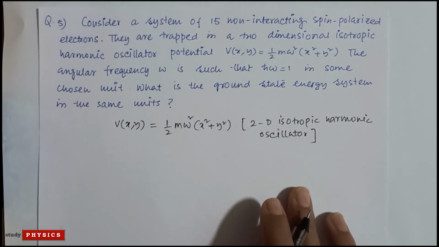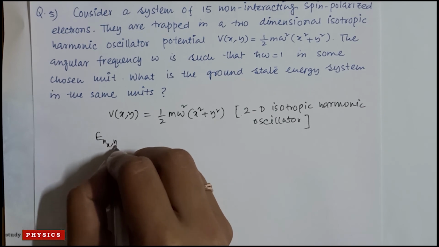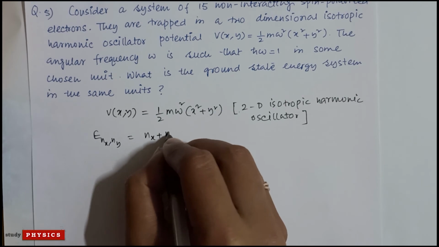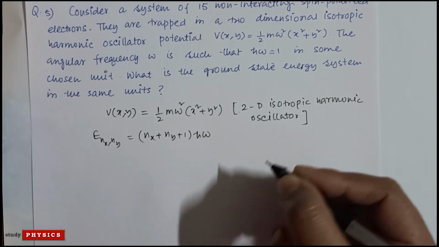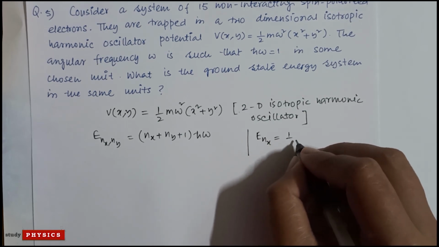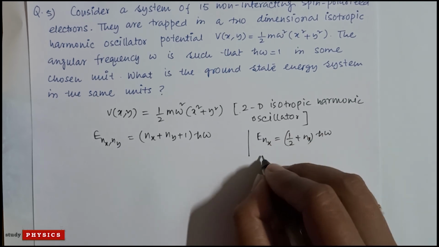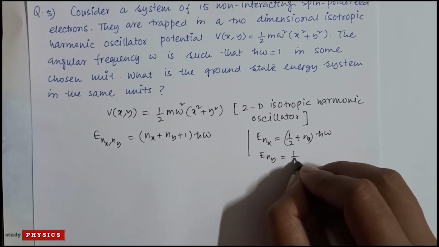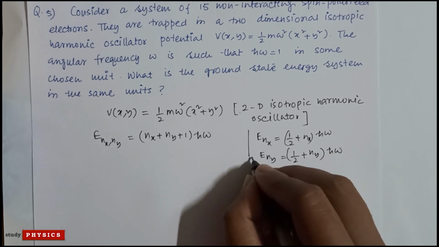and for two-dimensional harmonic oscillator the energy E(nx, ny) is (nx plus ny plus 1) h cut omega. We know that E nx is (half plus nx) h cut omega, and E ny is (half plus ny) h cut omega.